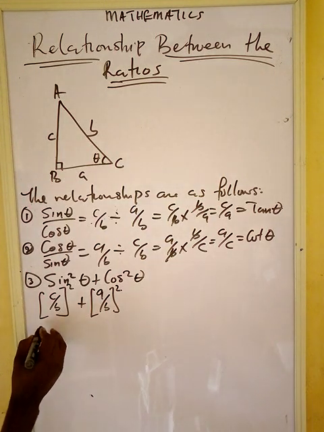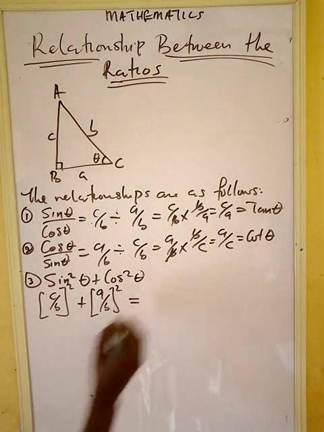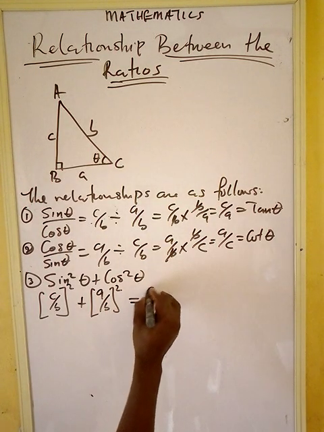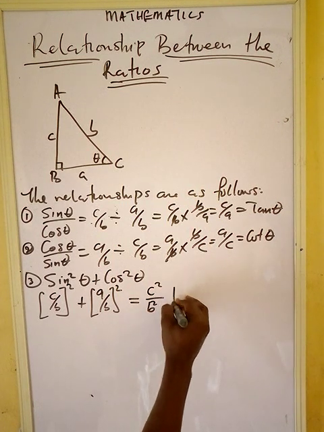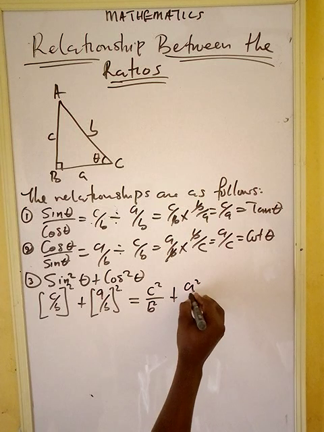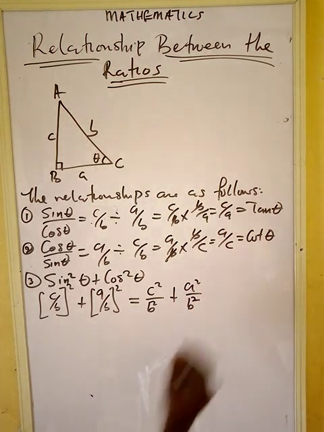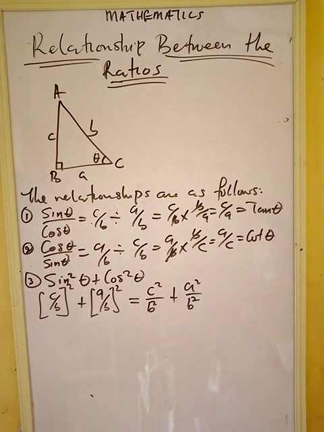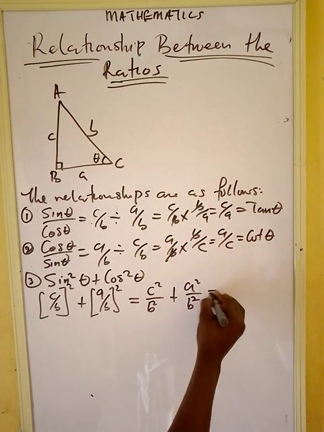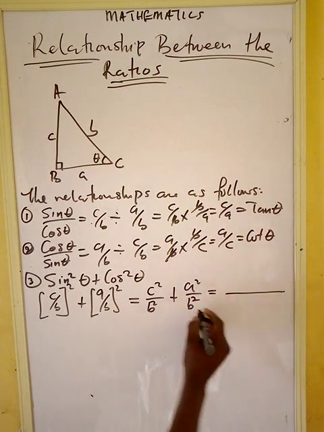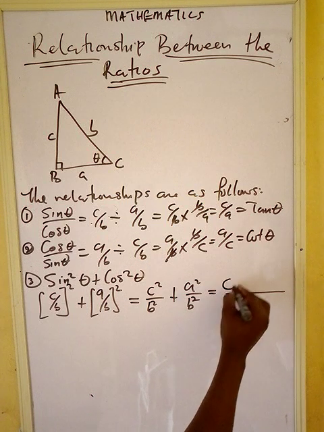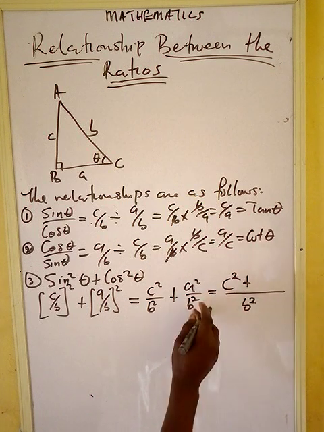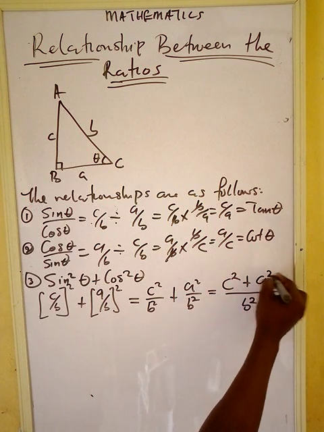So from here it will be equal to c squared over b squared plus a squared over b squared. Now I can find the LCM of this. The LCM is b squared, so we have c squared plus a squared over b squared.